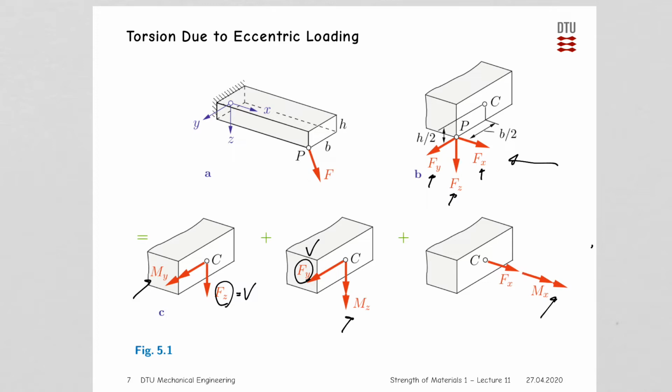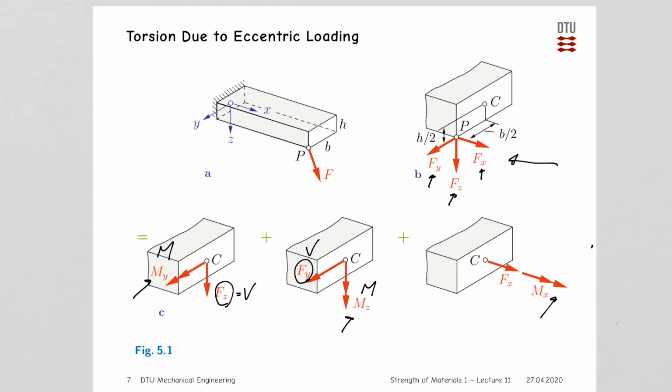It's just the shear force in the y direction instead of in the z direction. Now, our My is actually the bending moment, the traditional bending moment that we've been looking at so far. And similarly, our Mz is also a bending moment, but in the other direction.